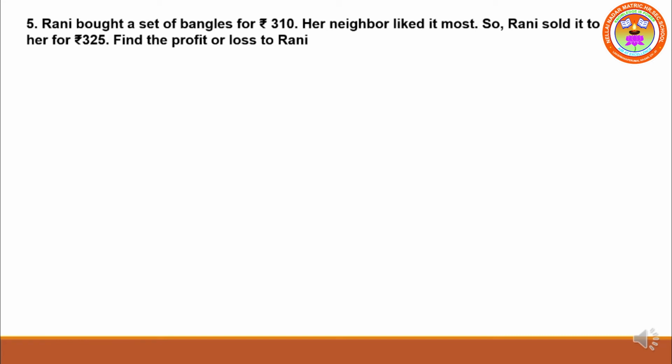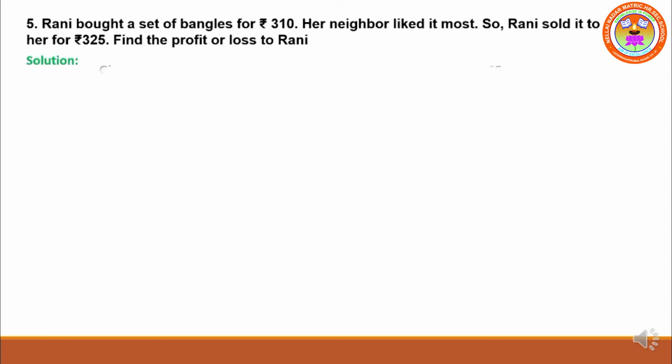So there's a person called Rani and she had bought a set of bangles for 310 rupees. After seeing the bangles, her neighbor liked it most. So Rani sold her bangles for 325 rupees. Now we have to find whether it is a profit or a loss to Rani. Shall we move on to the solution, children?